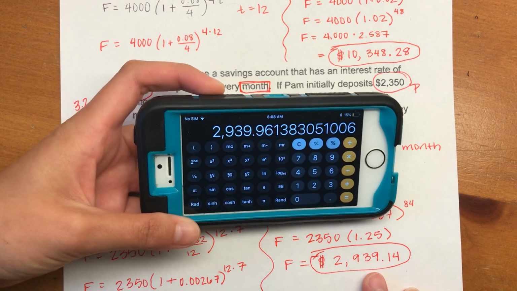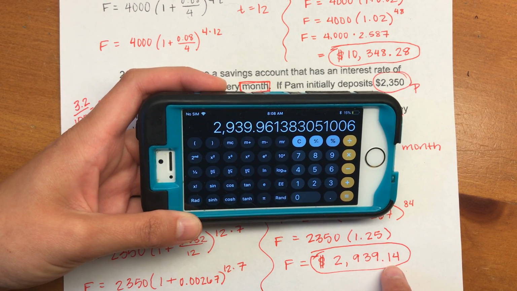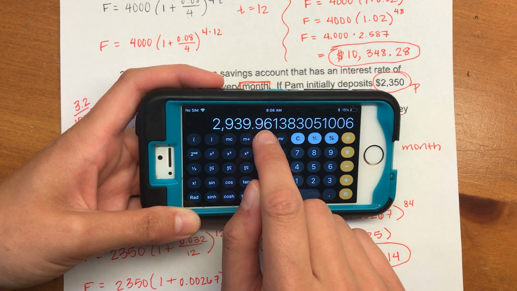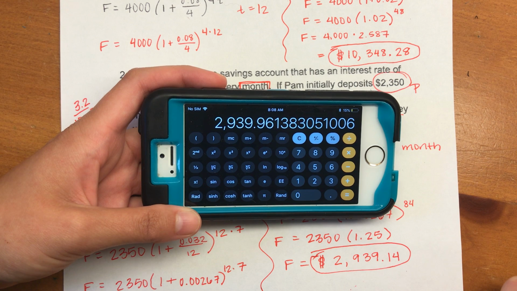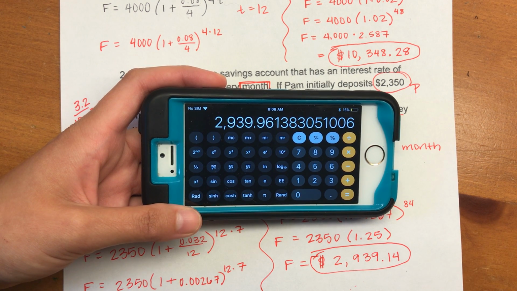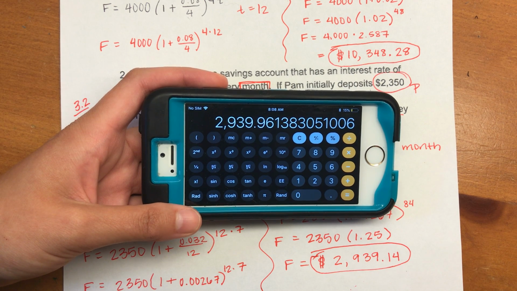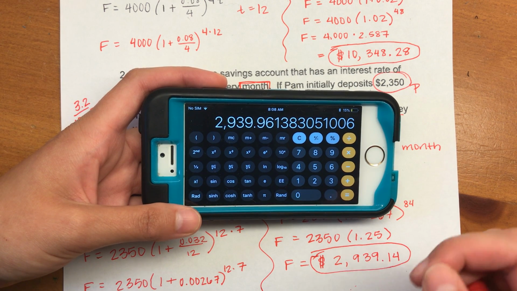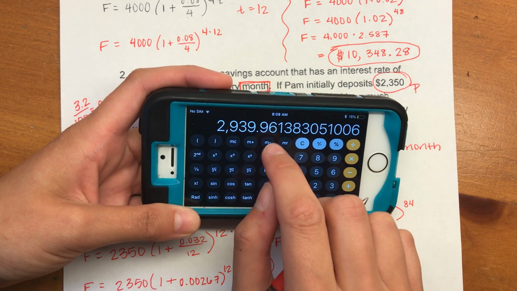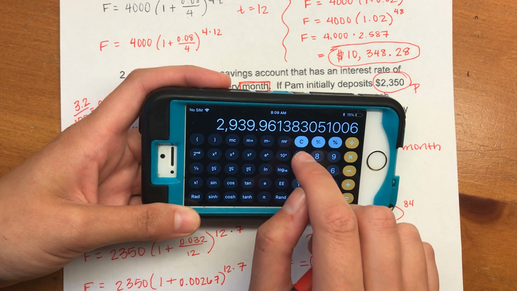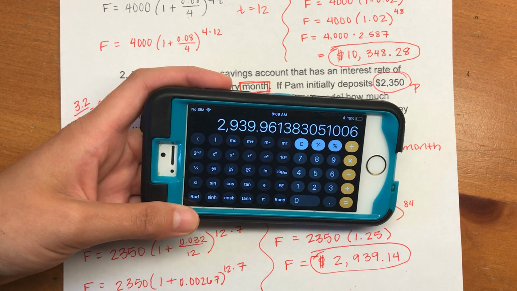So in this case, instead of 14 cents, I got 96 cents. So if you're off by a couple of cents when you complete the Google form and you look at your answers, don't worry if it's counted wrong, because I look back at each one and I will adjust your score for the Google form if you're off by a couple cents, so that you get full credit still.